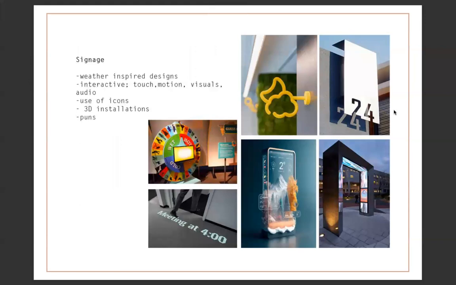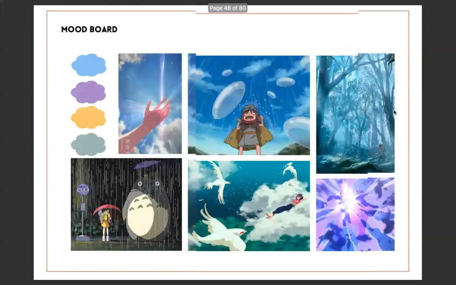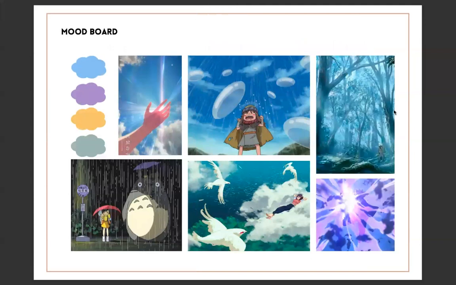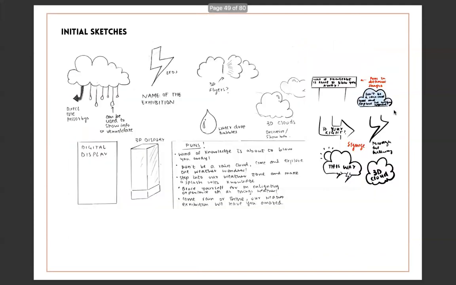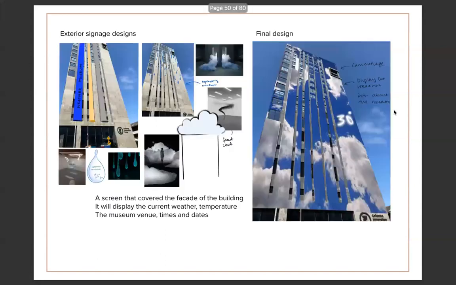And these are some visual clues that I found for the signage designs I was going for. I made a mood board regarding the colors and the aesthetic I was looking at. I made some sketches of the designs that I would like to have in the space.